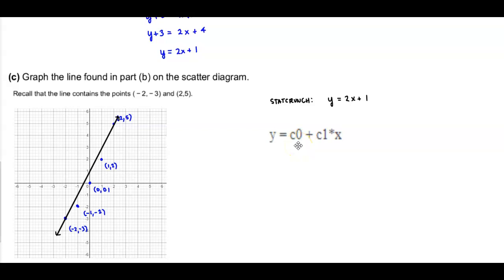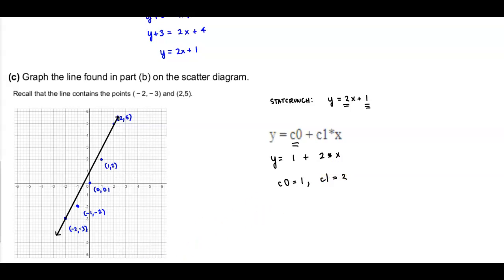So technically, you're going to write y equals C0, and this C0 is going to represent the number 1, plus C1, which is going to represent the number 2, and then that's times x. So here we say that C0 equals 1, and then C1 is 2. What that means is the coefficient of the constant is 1, the coefficient of x is 2.